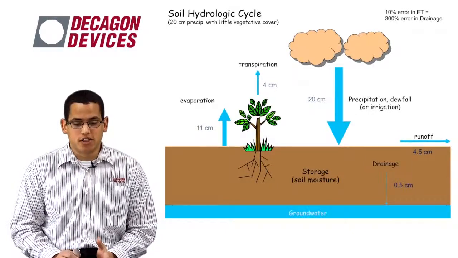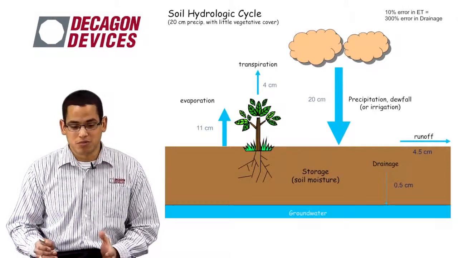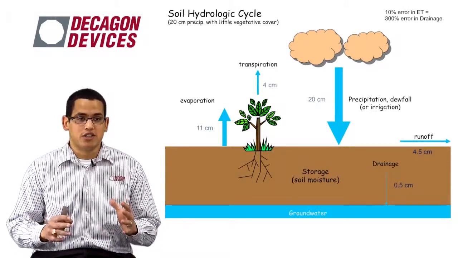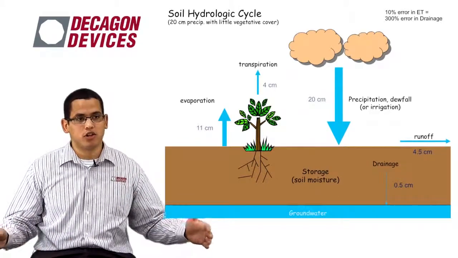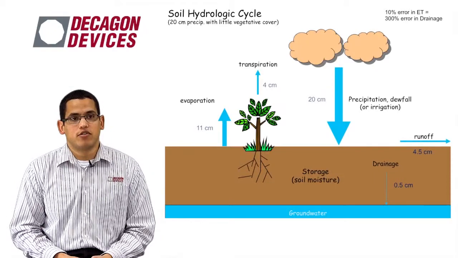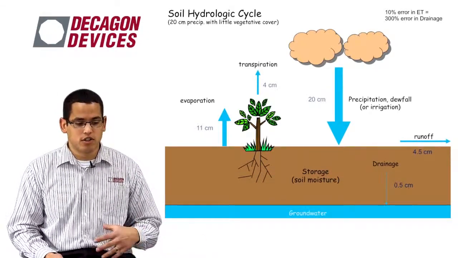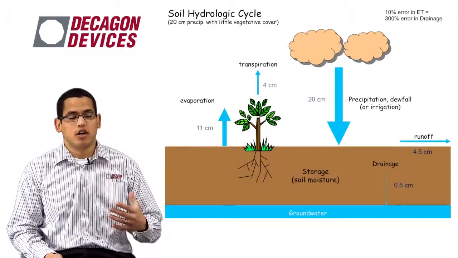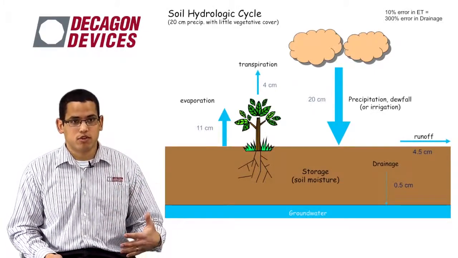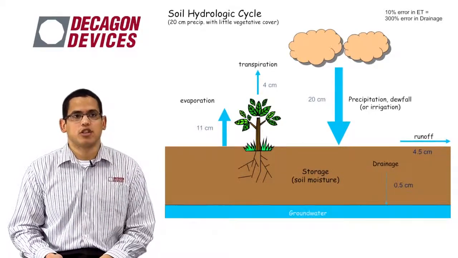Now, one nice thing about the water balance residual, as compared to a lot of the other measurement methods, is that you're actually taking a measurement of a large area. So you get a large scale measurement of deep drainage and the entire water balance. It works very well when you're trying to understand field scale water movement and the water balance at field scale.